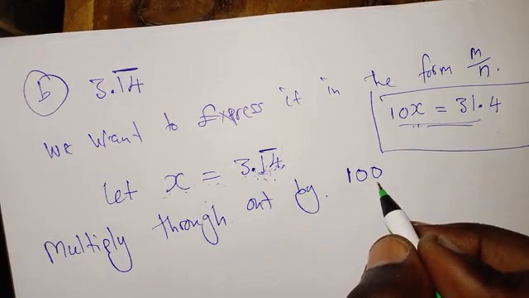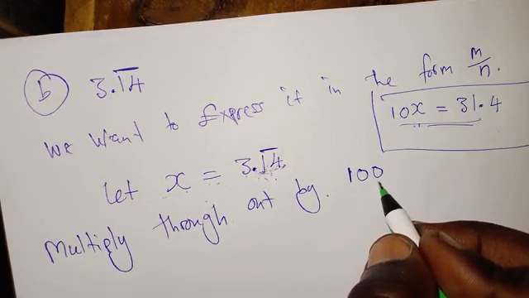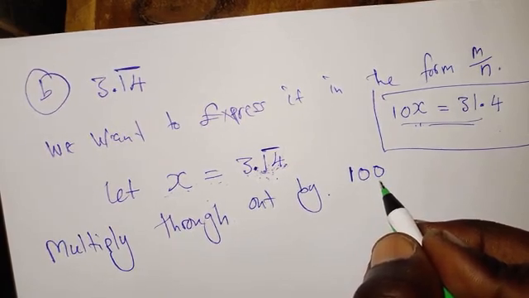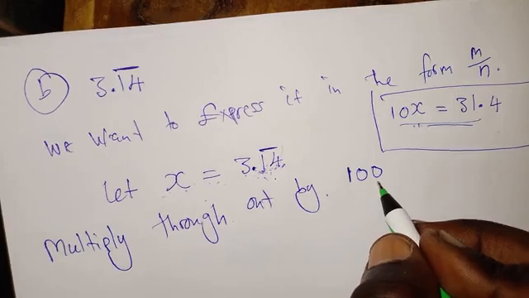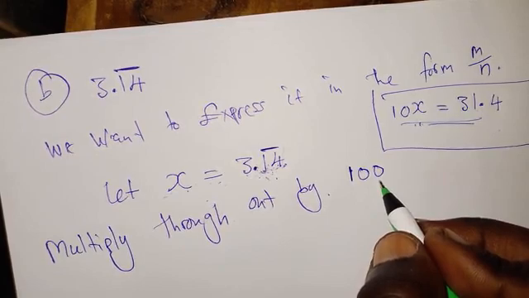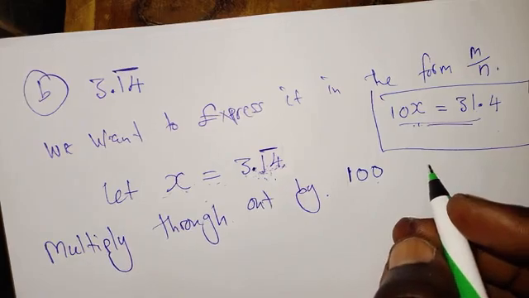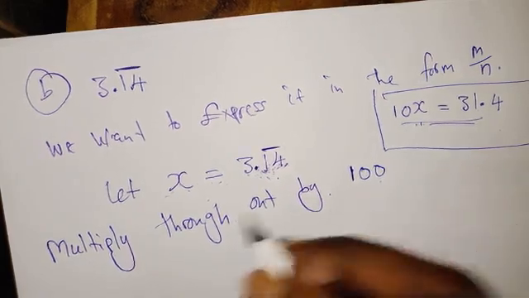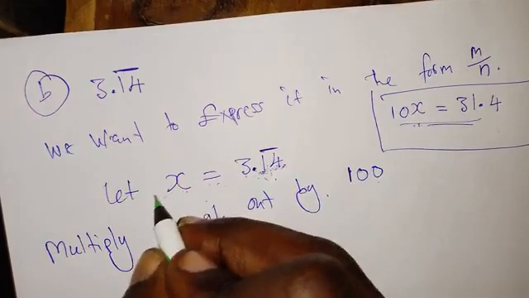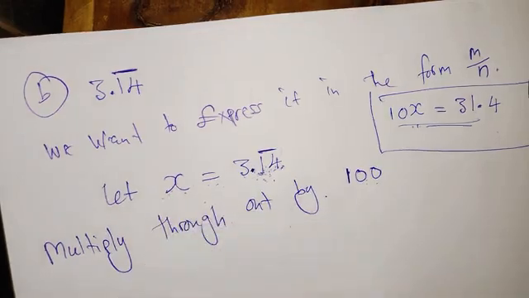So know how many repeating decimals you have, so that you know the appropriate number to multiply your x with. Are you going to multiply it by 10, 100, sometimes 1,000 or 10,000, depending on the number of repeating decimals you have?